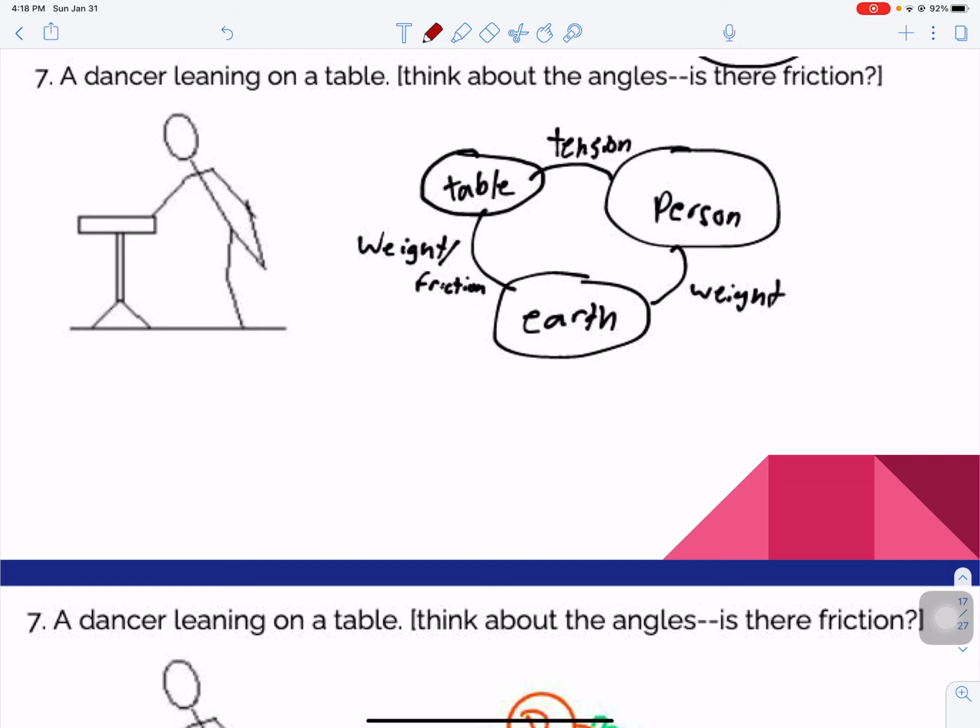Okay, here you cannot combine interactions on a single line. And again, we're using this schema to help us build free body diagrams.